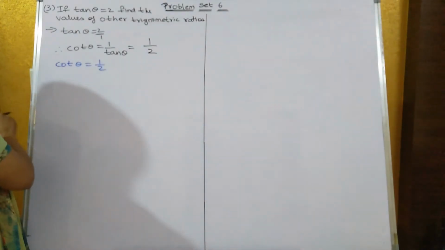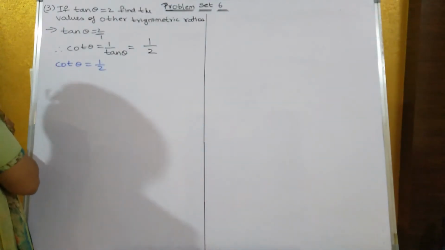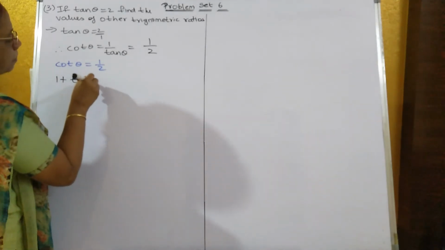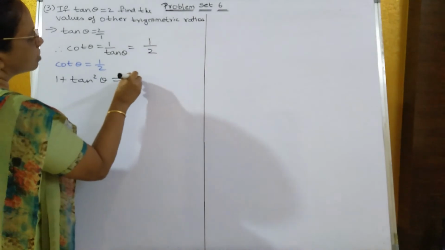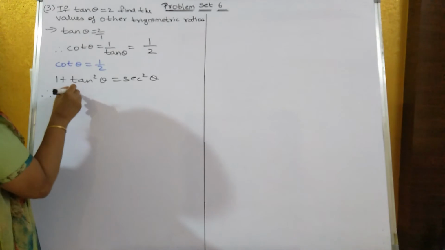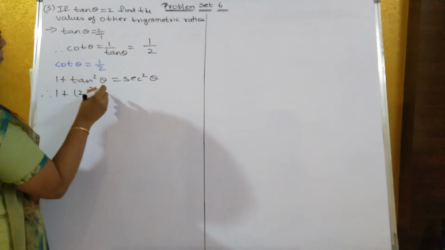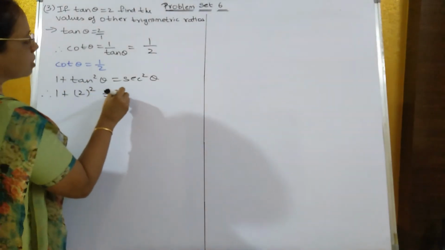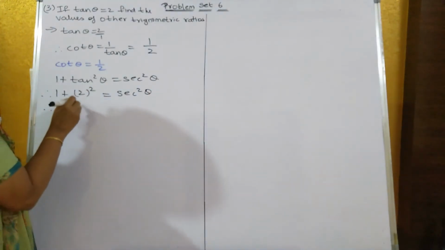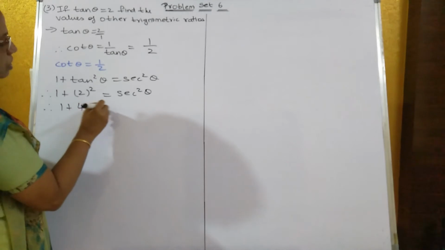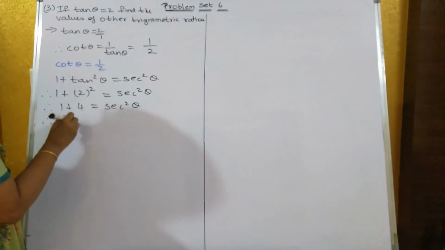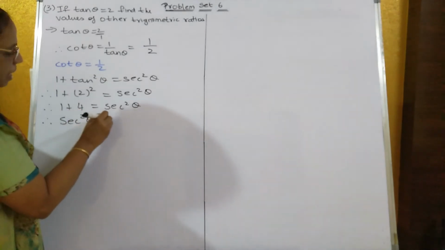Now we know that 1 plus tan square theta is equal to sec square theta. Put the value of tan, we get 1 plus 2 the whole square is equal to sec square theta. Therefore 1 plus 4 is 5, so sec square theta is equal to 5.